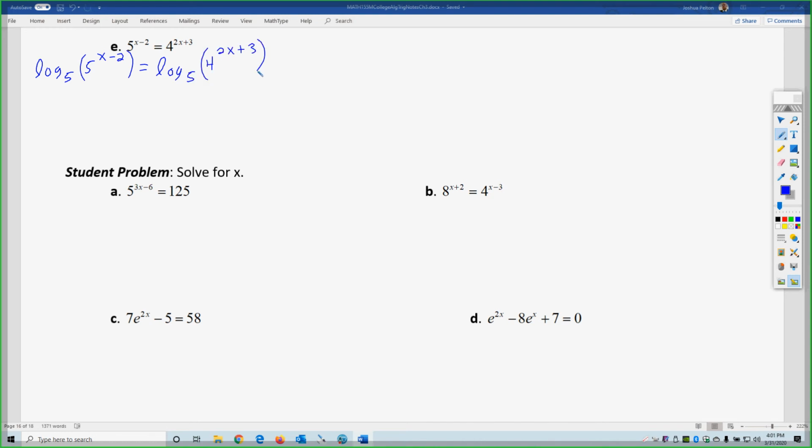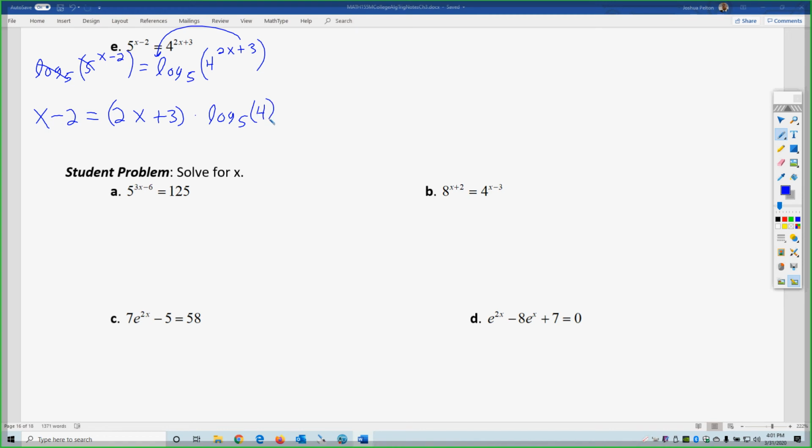Again, the premise here is what you do to one side of the equation, you do to the other. So that cancels on the left side. So I'm left with x minus 2 equals log base 5 of this stuff. But I can use the power rule to bring down the 2x plus 3, times log base 5 of 4.